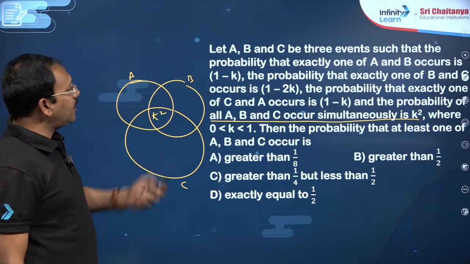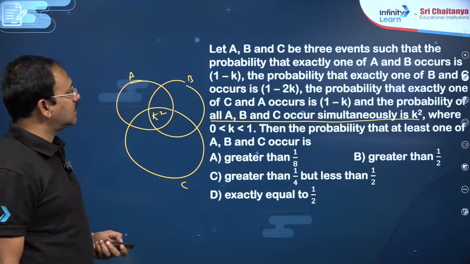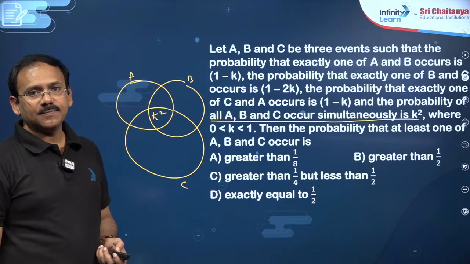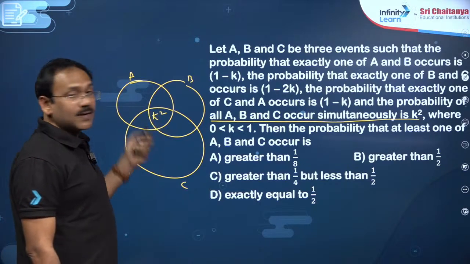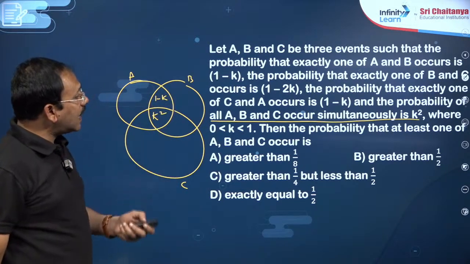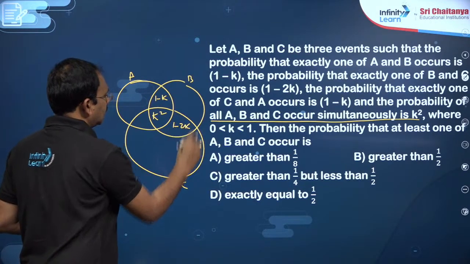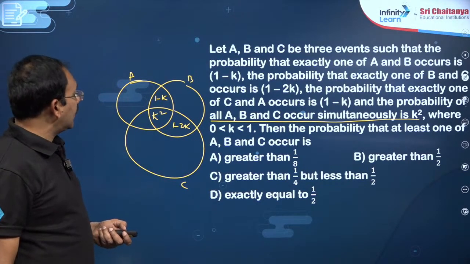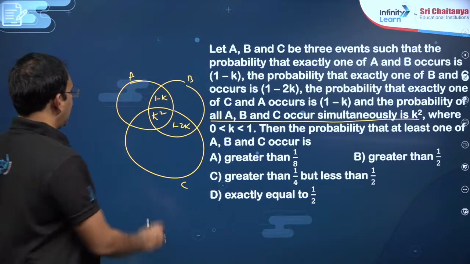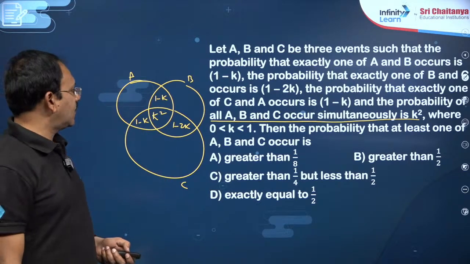Then the probability that exactly one of A, B occurs is 1 minus k, so either A but not B will become 1 minus k, my dear friends. Exactly one of B, C occurs is 1 minus 2k. The probability of exactly one of C and A occurring is 1 minus k. This is the data given, my dear friends.